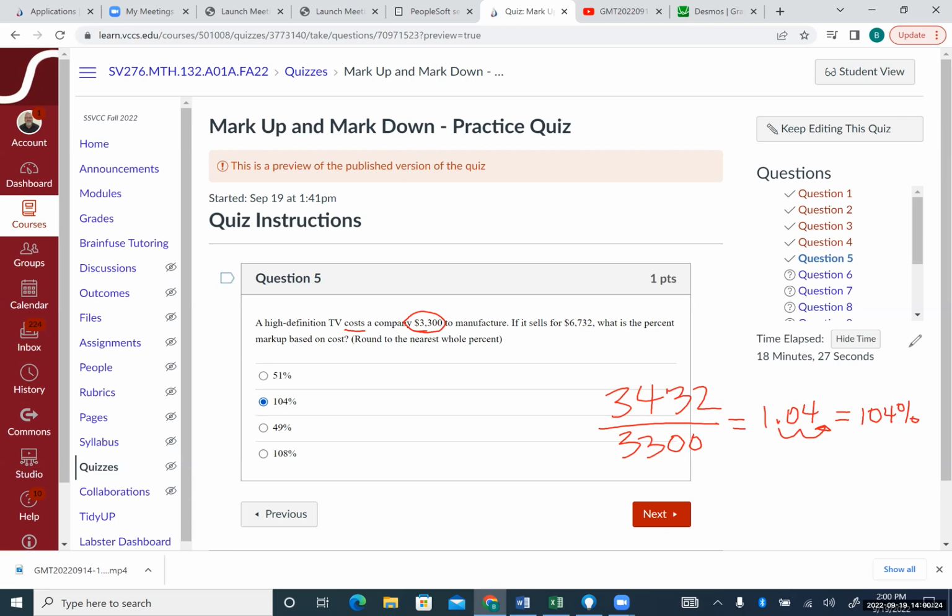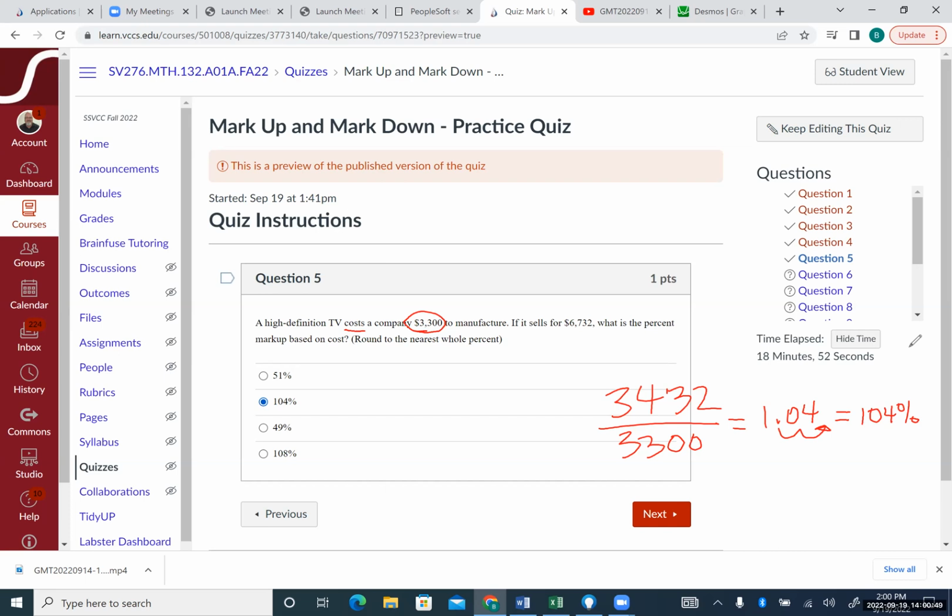So there are things that have huge markups, and it really depends on what the item is. If you put a bag of potato chips out and you marked it up 100%, it would probably be very difficult to sell it for that price. But for something like a piano, I imagine a markup like this is probably pretty common. I think the markup on fine jewelry is the same way.